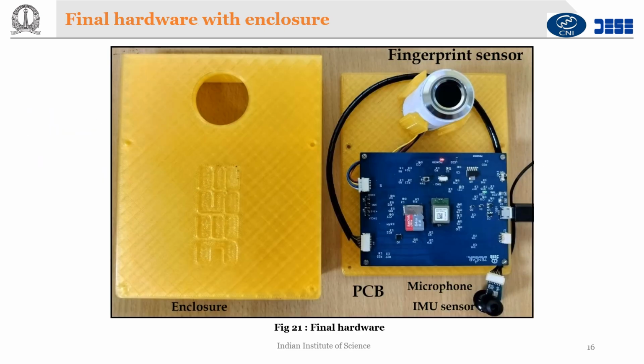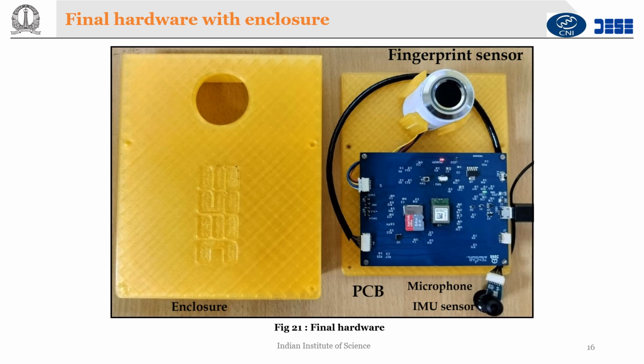So this is our total hardware, where it has a capacitive fingerprint scanner and the PCB board, and one speaker to emit the signal and a microphone, and you have an IMU sensor very close to it.